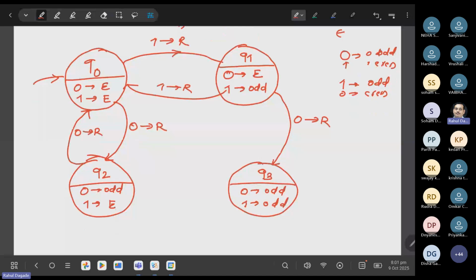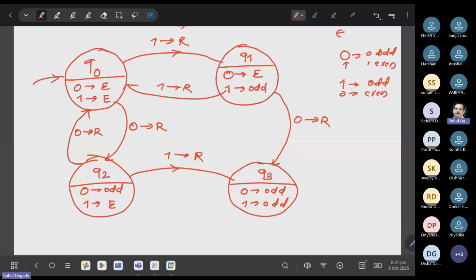Now, I'm sorry, in Q2 state, if I get 1, then what will happen? 0 is odd and 1 will also become odd. That is, if I get 1, then I'll come to the state where 0 is odd and 1 is also odd.